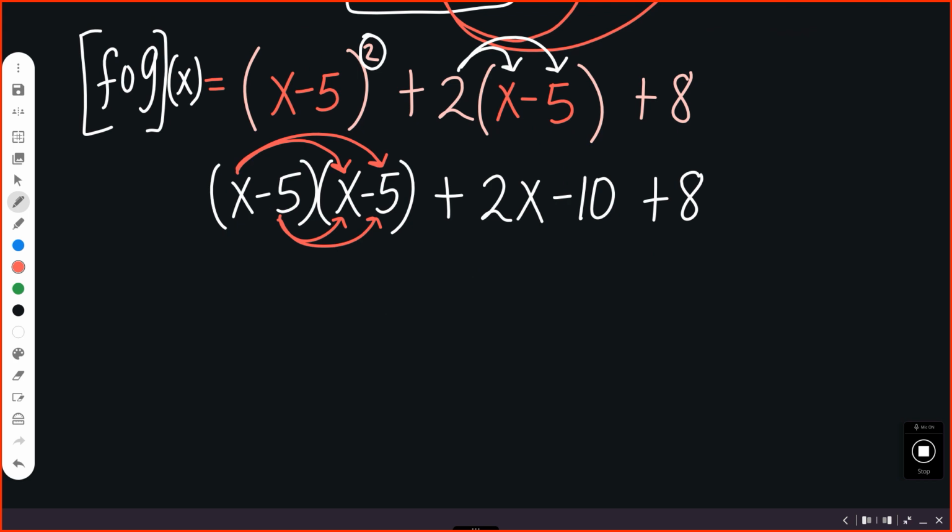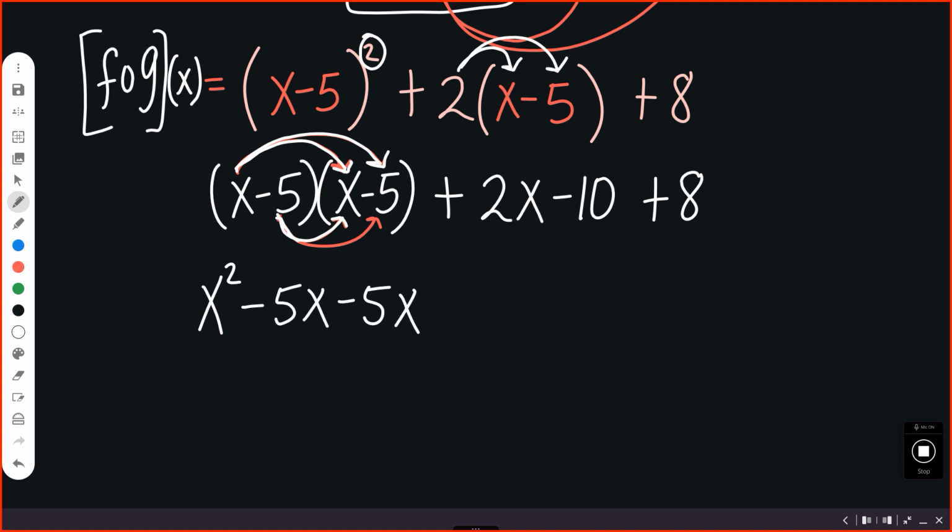Rewriting this out, x times x is x squared. I did this one first, x times x, then x times negative 5 would be a negative 5x. Then negative 5 times x would be a negative 5x.